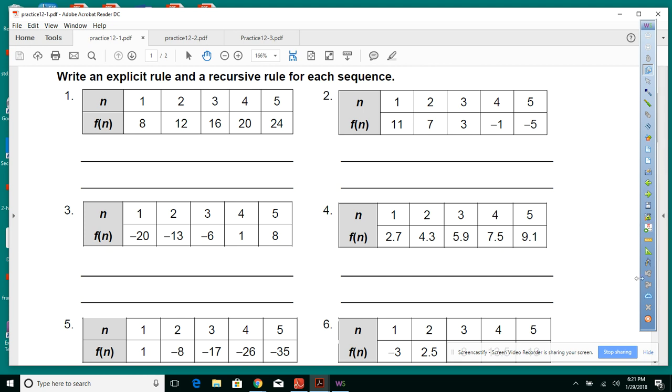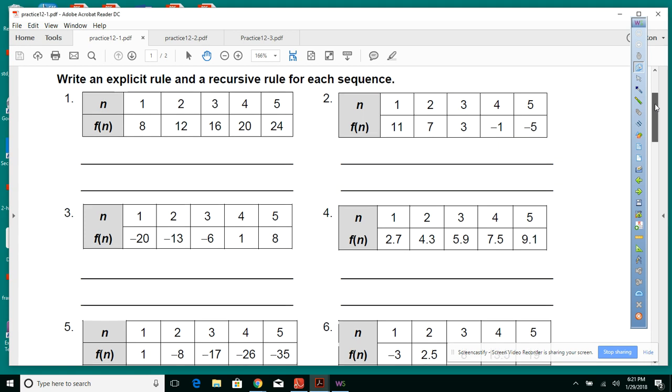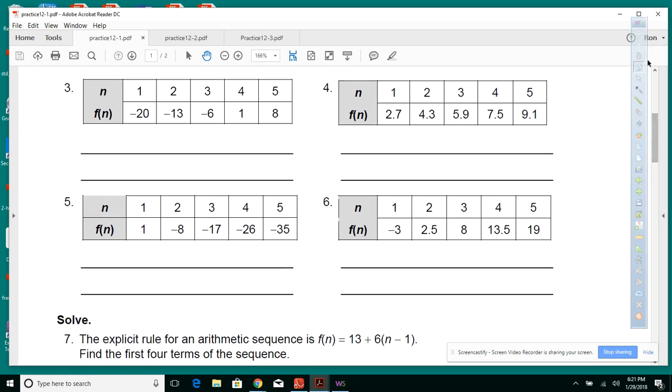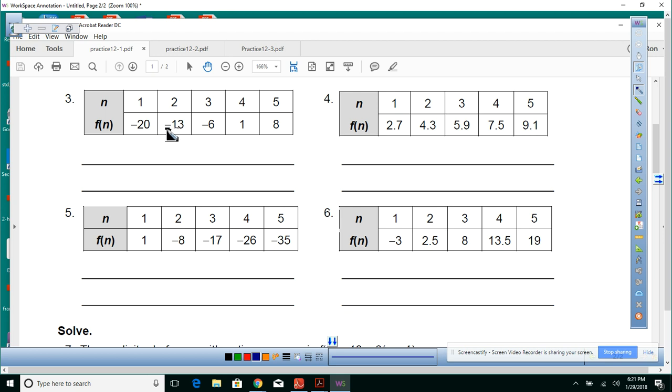Number 3, let me scroll that up some. What is d? It looks like it's going to be 7. So f of n equals negative 20 plus 7 times n minus 1.